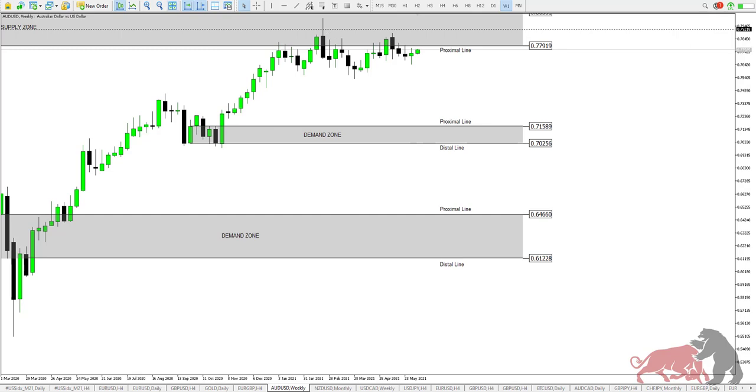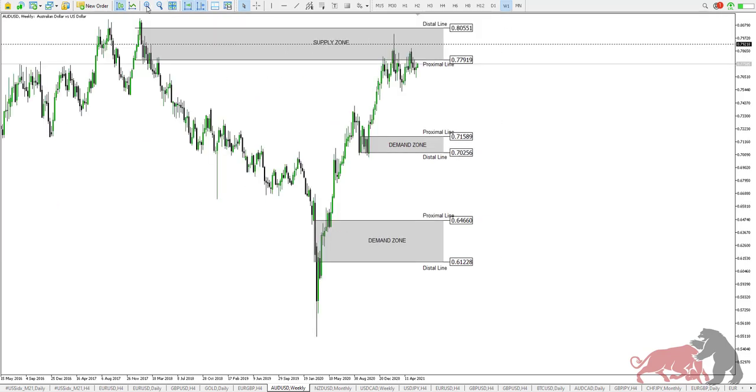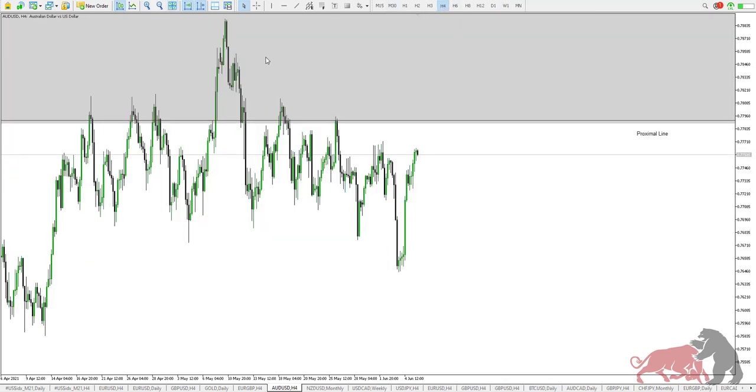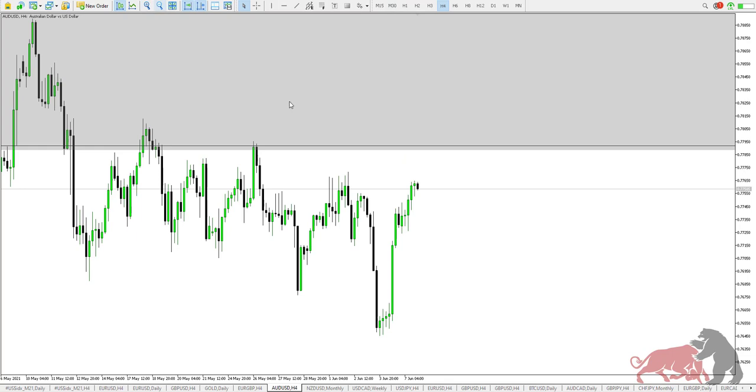So my focus on Aussie dollar, we are going to see weakness coming into Aussie dollar. As long as there's strength showing in dollar index, expect Aussie dollar to find resistance around 0.7950 or 0.7800 before it tends to the downside.